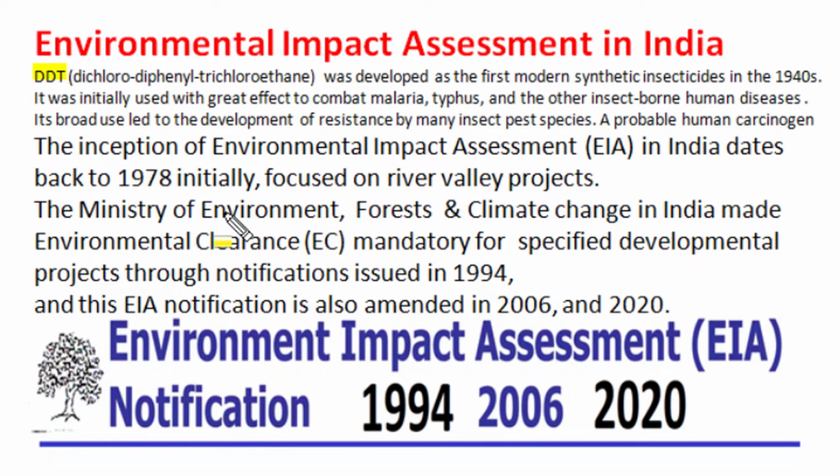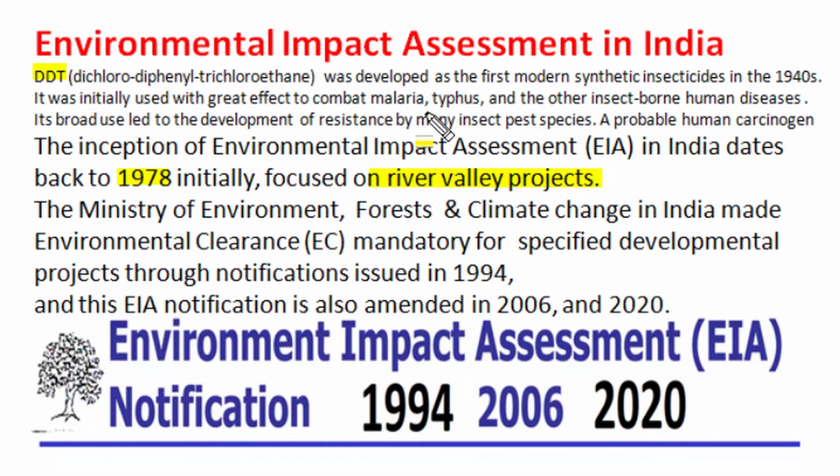In India, the environment impact assessment got its inception in the year 1978, and initially it focused on river valley projects, and EIA was looked after by Department of Science and Technology.